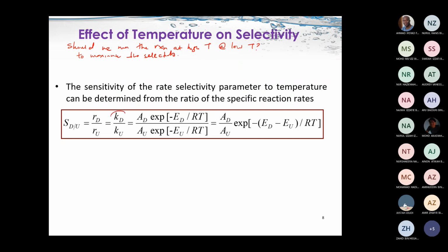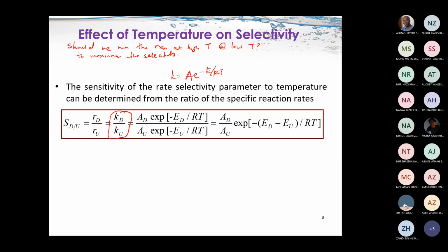Okay, so kita look at this one, specific reaction rate. Okay, remember this is from topic number 1, whereby k is equal to A e to the power of minus E over RT. Okay, so we define it as k_D and also k_U. Then you will have this kind of equation.